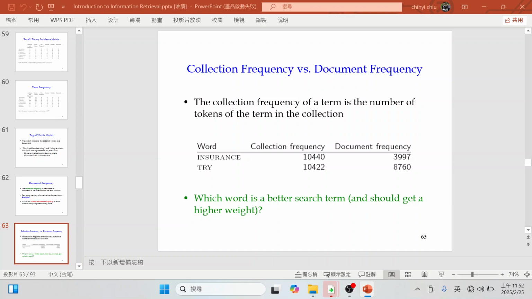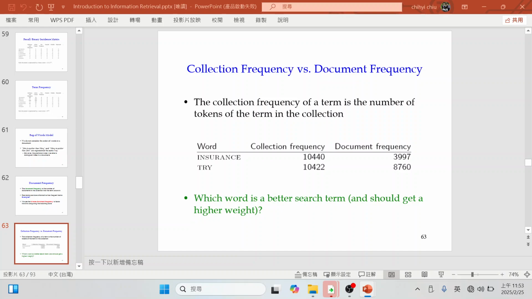For these two words, which word do you think is more meaningful? Insurance, right? If a document contains this word, I think it's related to insurance, to finance, to money. But if the document contains try, what does it mean? It's still ambiguous. We don't know what the main concept of the document is. Because try is just a verb, and you can use it in any area, in any topic.